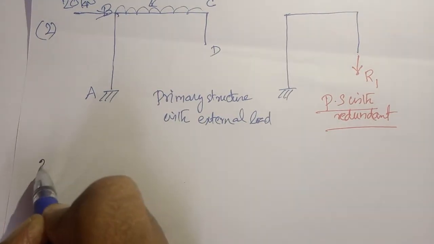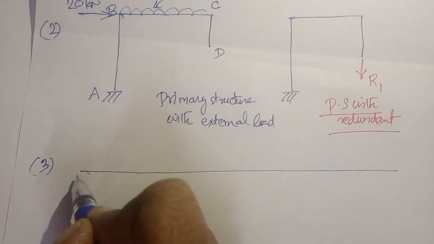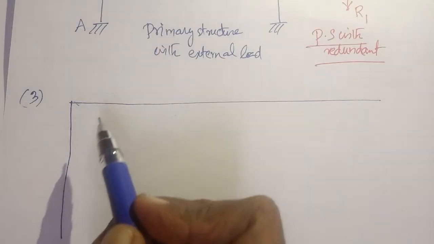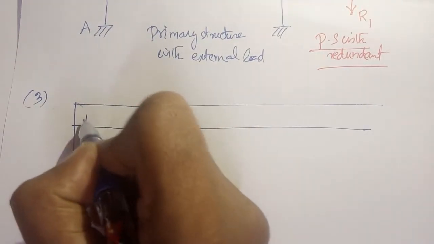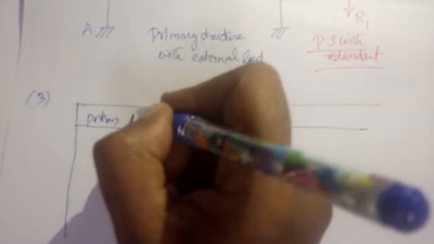The third step, we are going to evaluate the deformations. For that, we draw the portions. There are DC, CB, BA, 3 portions.